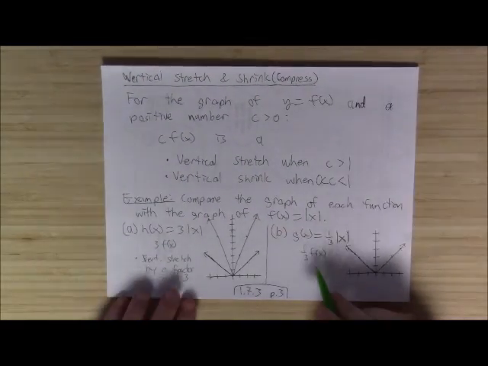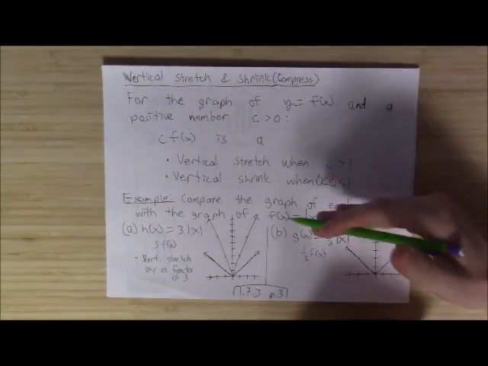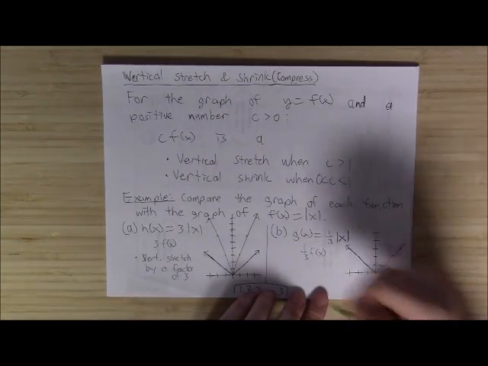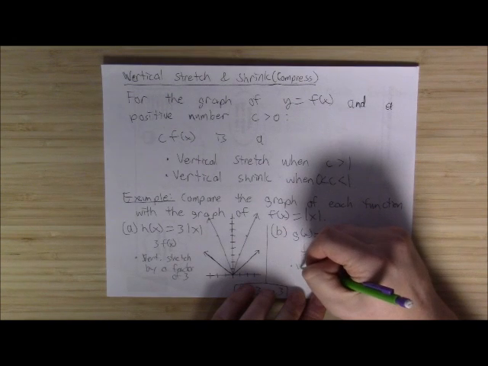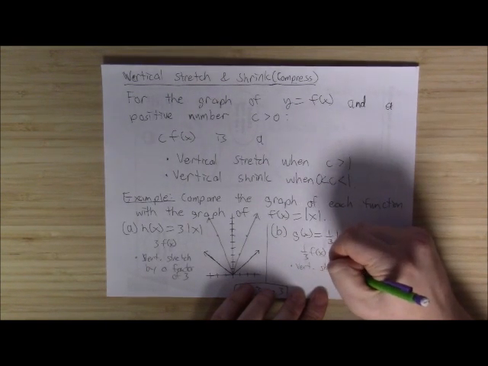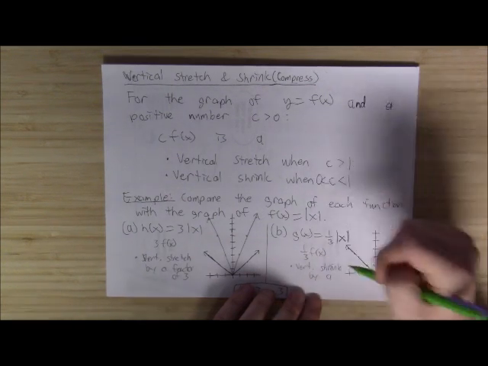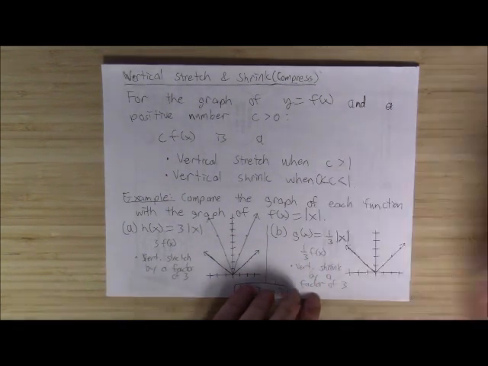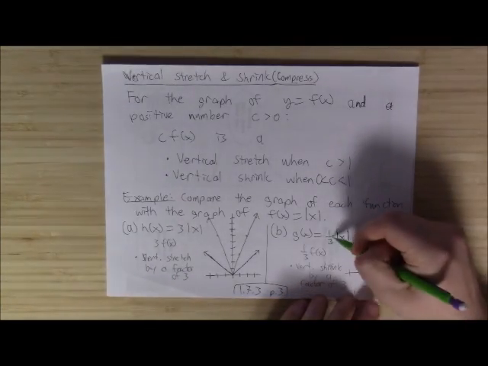And so it's sort of like we're taking this graph and we're stretching it up by this factor of 3. Here we expect that it'll actually shrink or compress down. So how does that happen? Well, 1/3 times x, so that would be a vertical shrink by a factor of 3. But how does it do that?